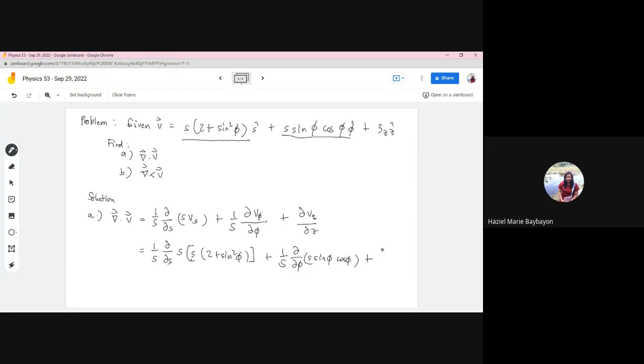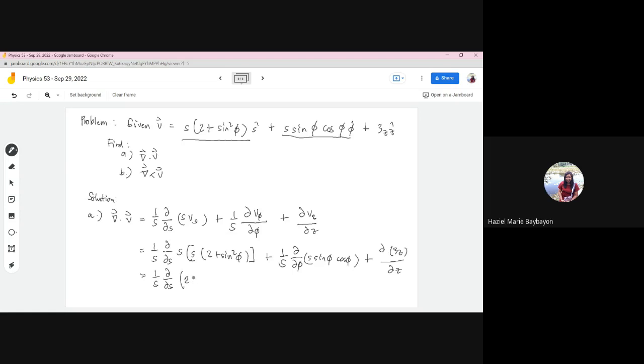And then you have the partial derivative of 3z with respect to z. Let us evaluate each of these. So you have 1 over s. What we will do here is just distribute the factors.